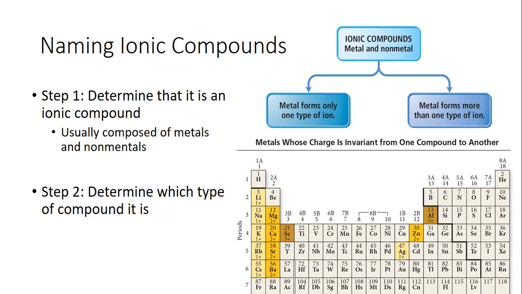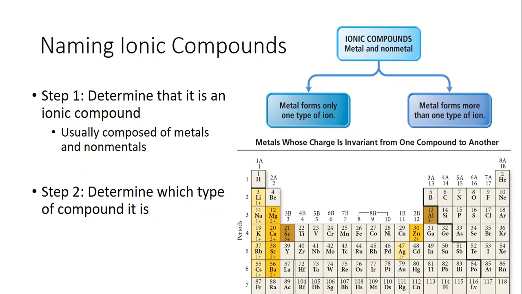Metal plus non-metal makes ionic compound. And then, based on what type of metal you have, there are two ways to name it. If your metal only forms one type of ion, you name it one way. And if your metal forms multiple types of ions, you name it another way.